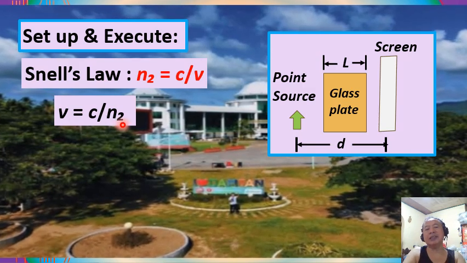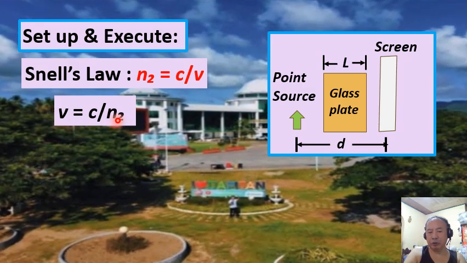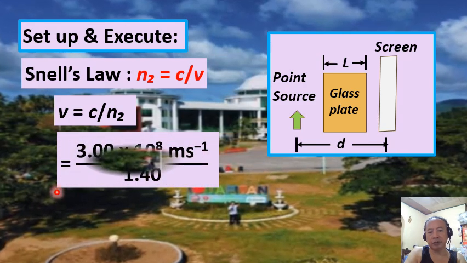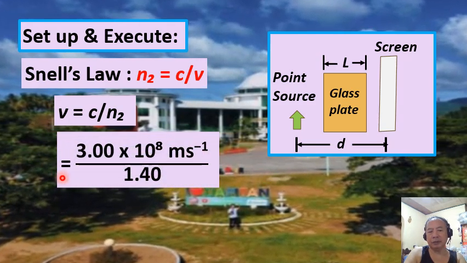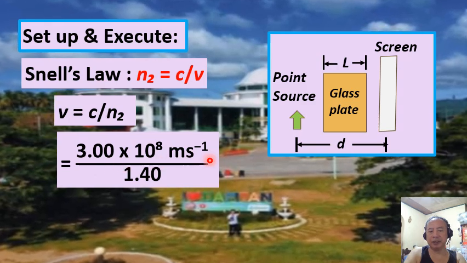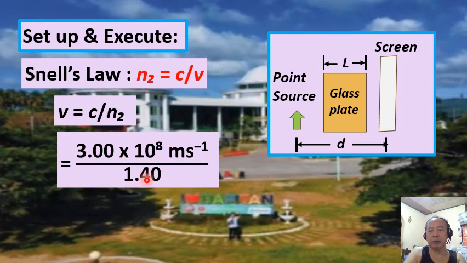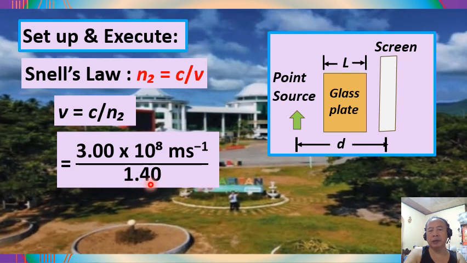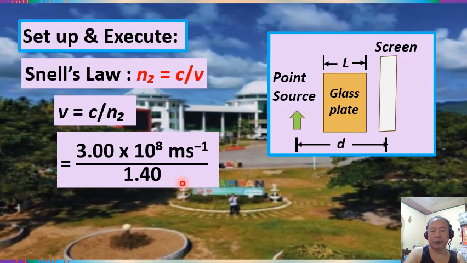We denote this by n sub 2, that is, speed of light in the glass equals 3.00 times 10 to the 8th meters per second divided by 1.40. This is the index of refraction of the glass given in the problem.